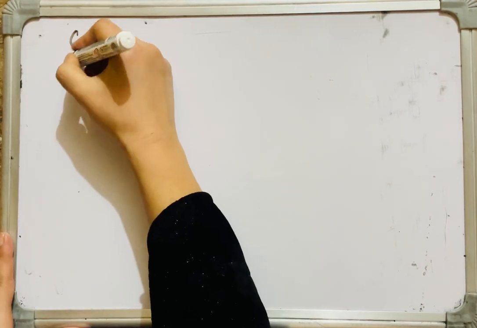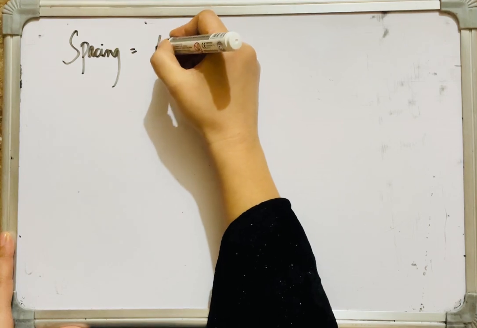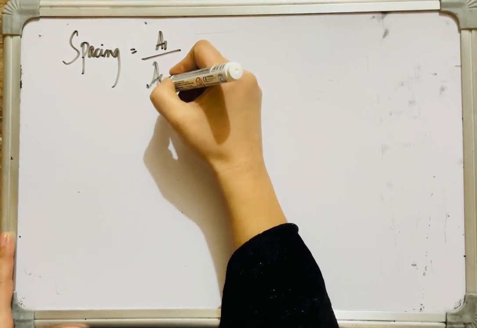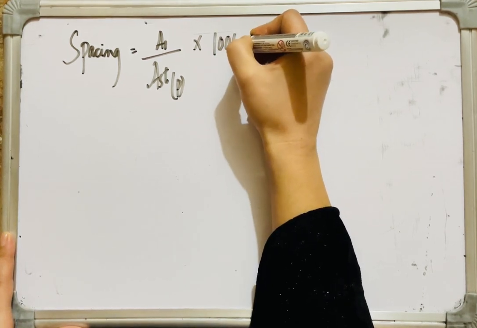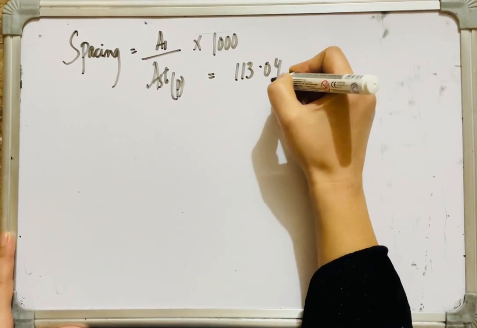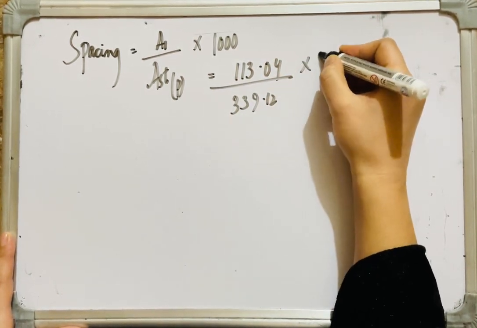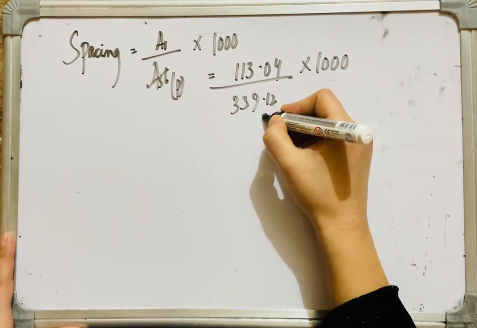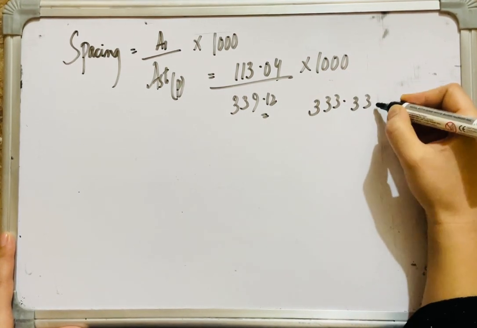Now let's calculate the spacing. What spacing do we get between the bars? Area of one bar divided by Ast that we have provided, multiplied by 1000, which is the breadth. So this is 113.04 divided by 339.12 provided, multiplied by 1000. By calculations, it is 333.33 mm.